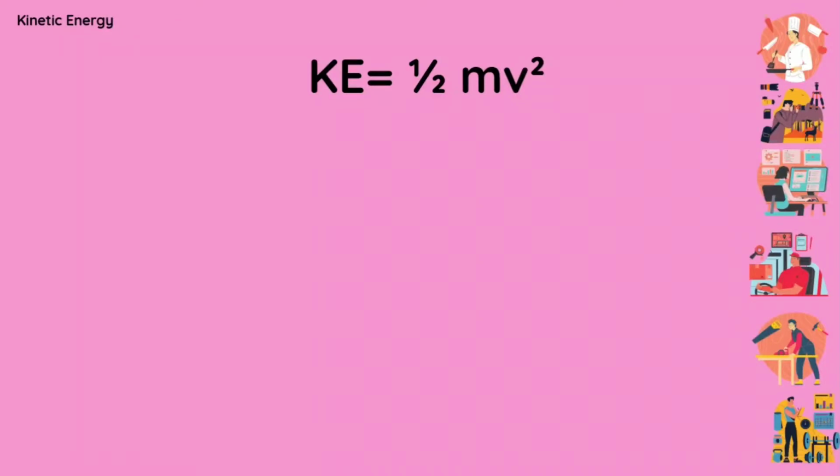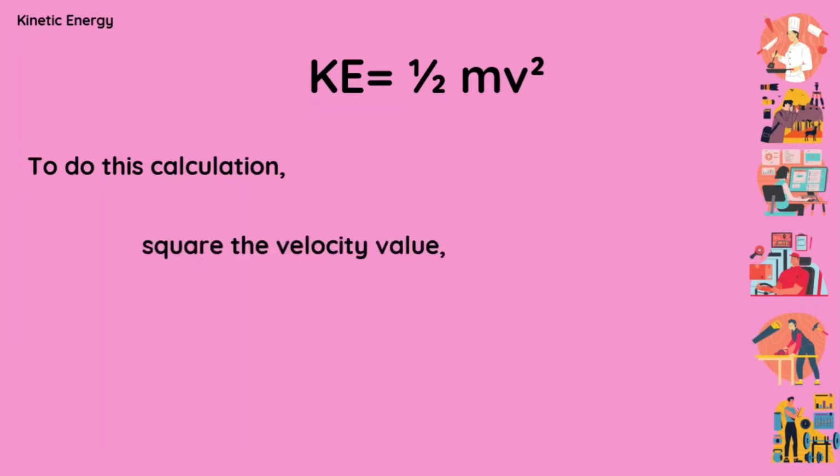So, kinetic energy, again, is equal to 1/2 mv squared. To compute the kinetic energy of an object, square the velocity value. So, makikita nyo naman kasi that velocity is squared. When we say square the velocity value, you have to multiply the value of velocity by itself.